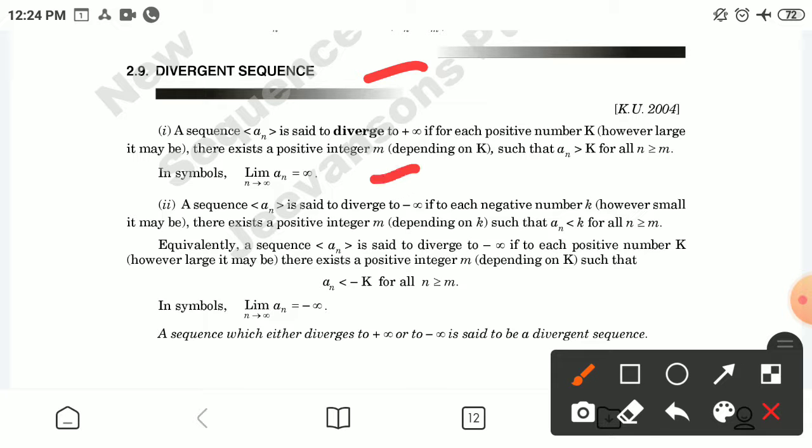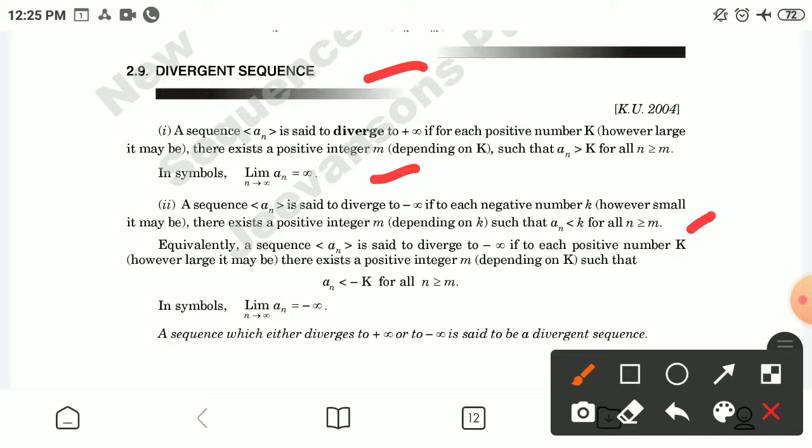In symbols, the limit as n tends to infinity of an is equal to infinity. Second, a sequence an is said to diverge to minus infinity if for each negative number k, however small it may be, there exists a positive integer m depending on k such that an is less than k for all n greater than or equal to m.